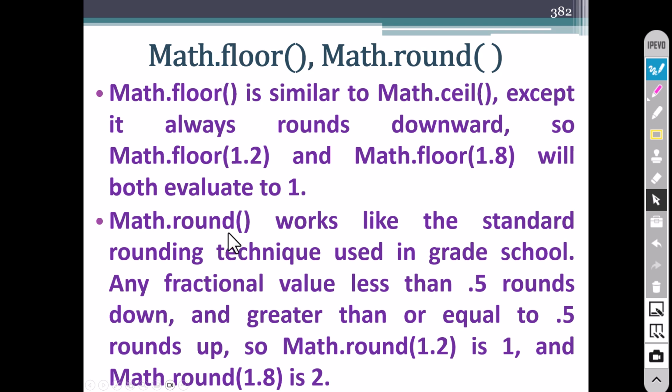And math.round, as we have already seen, 1.2 will give you 1 and 1.8 will give you 2. So 1.5 and above will give you 2. Whatever is less than 1.5 will give you 1.